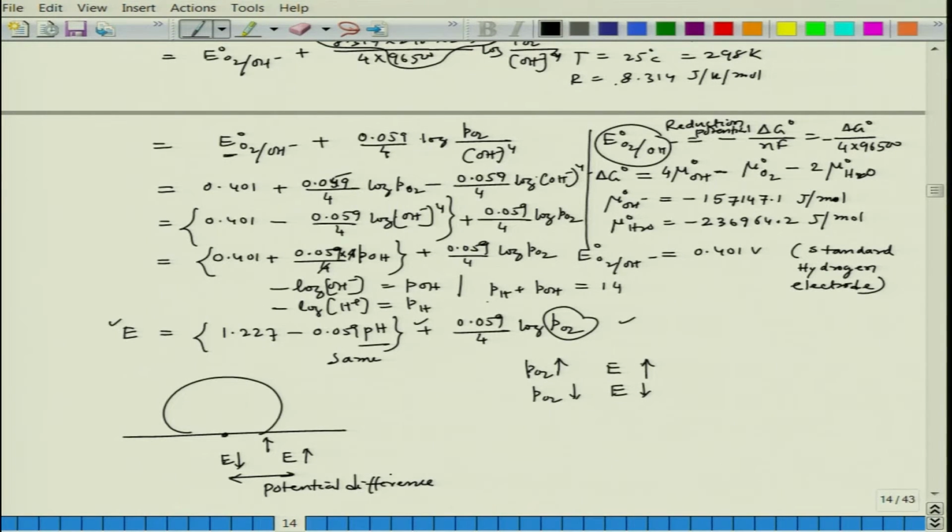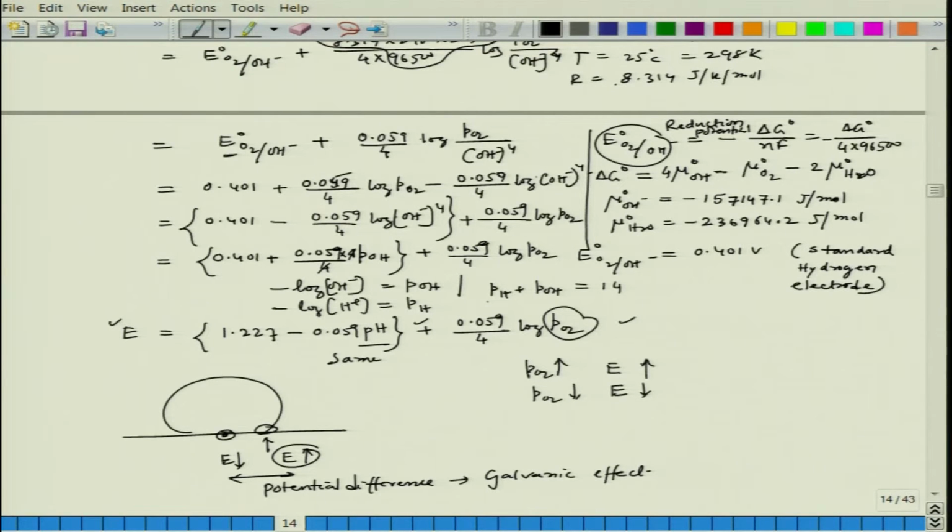And this potential difference would lead to a galvanic effect. Since here the reduction potential is maximum, oxygen reduction would take place around this location, and at this location oxygen reduction is minimal.